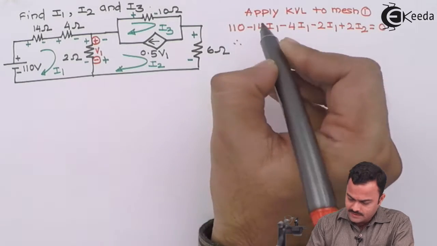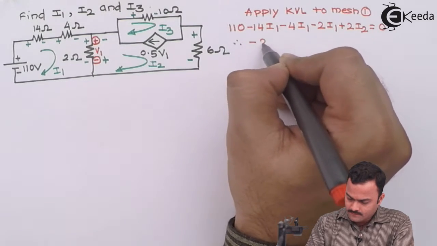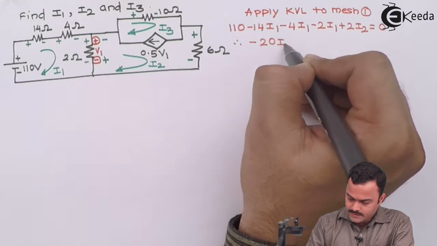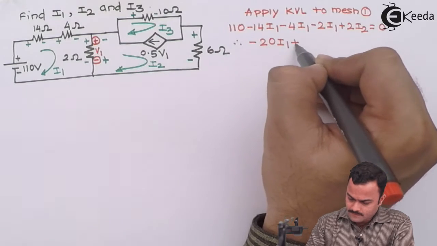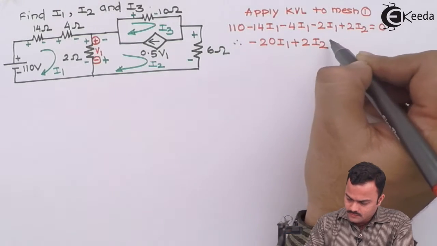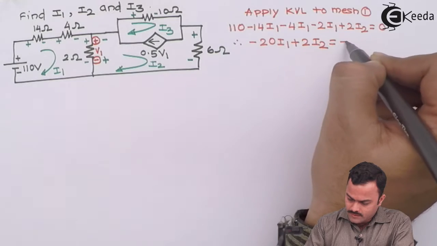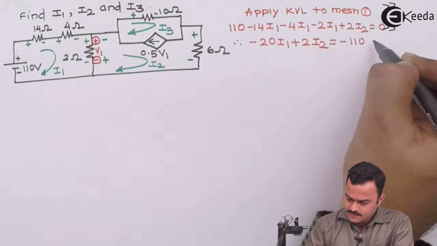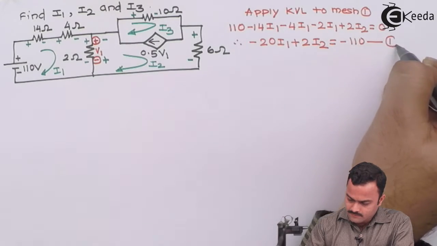So after simplifying we'll get minus 20 I1 plus 2 I2 equal to minus 110 as equation number 1.